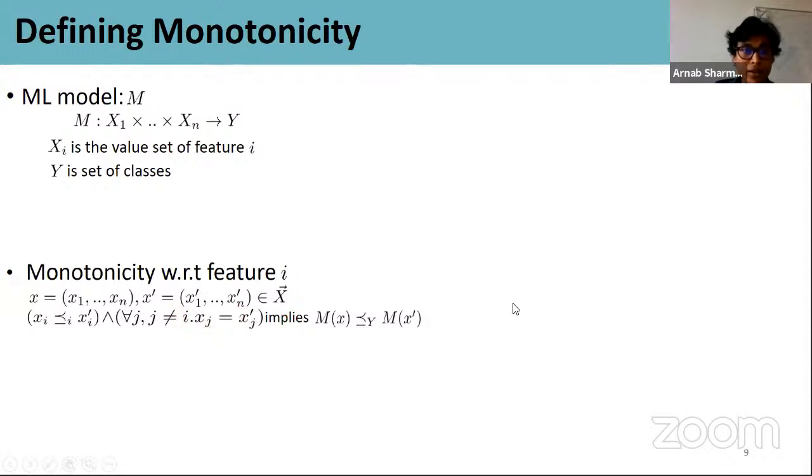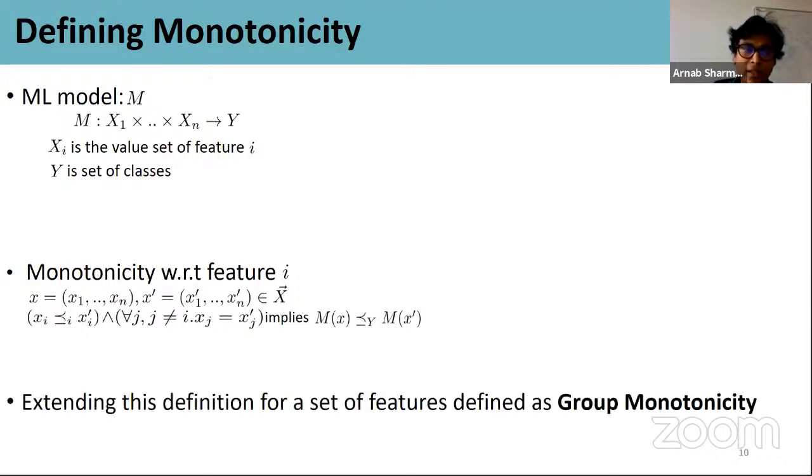If this is the case, then it implies that the output for x prime should be more than the output for x. So the prediction for x prime should be more than the prediction for x. This is the monotonicity definition with respect to a single feature, but we extended this definition to a set of features and we define it as group monotonicity.